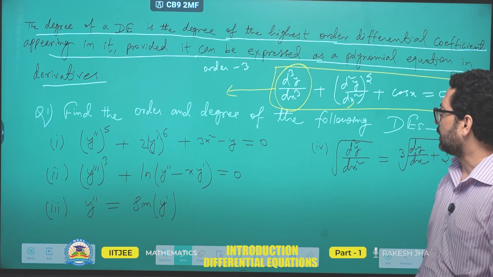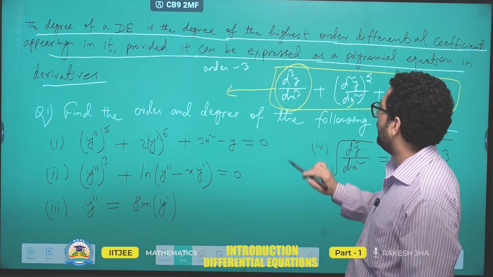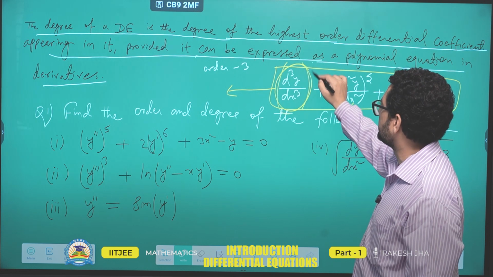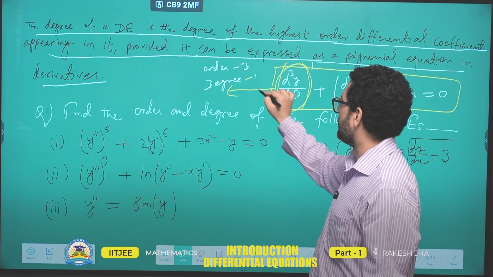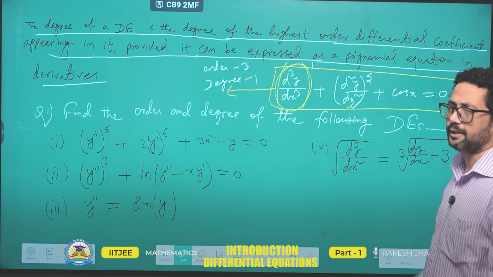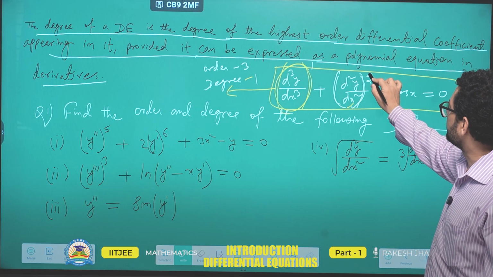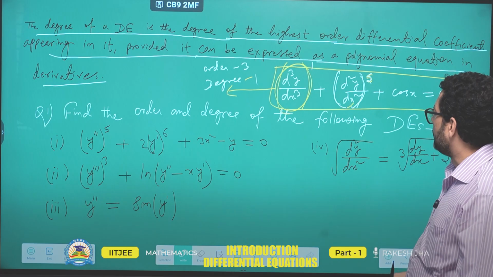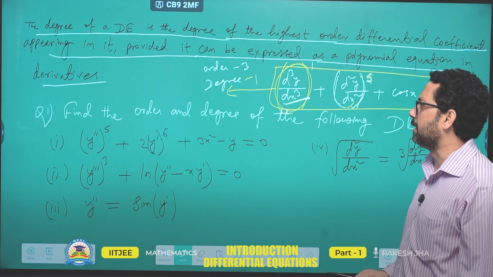Now if you talk about degree, we go for the exponent of the highest order derivative, in this case the third order. The exponent is nothing, so it's 1. So the degree will be 1. We should not get confused with the second order derivative, because even if its exponent is 5, this is not the degree, because the order is 3. Whatever is the exponent of the highest order derivative is called the degree.